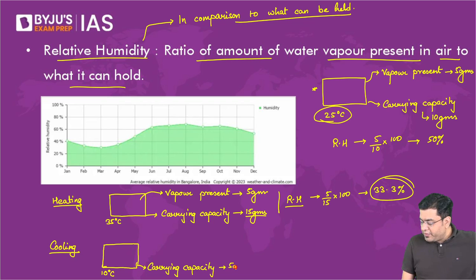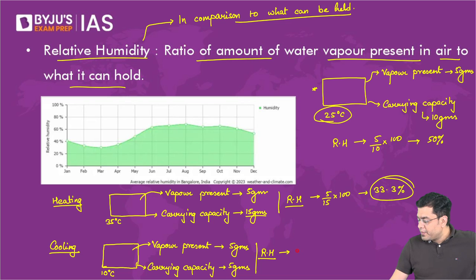Vapor present is the consistent one, that is 5 grams. So I'm holding an easier calculation for you guys. So relative humidity will be how much? 100%. Very good. So that comes out to be 100%.